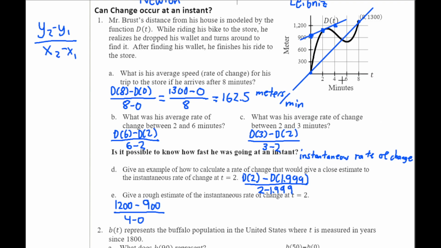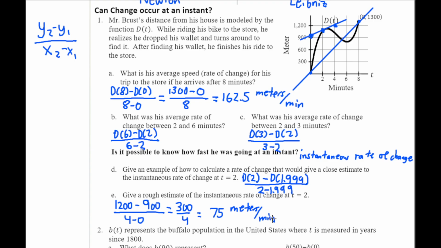We'll just use these 2 points and plug them into the slope formula. 4 comma 1200 right here, and then 0 comma 900. These 2 points give us the rough estimate of the slope. Equals 300 over 4, which would give us approximately 75 meters per minute.